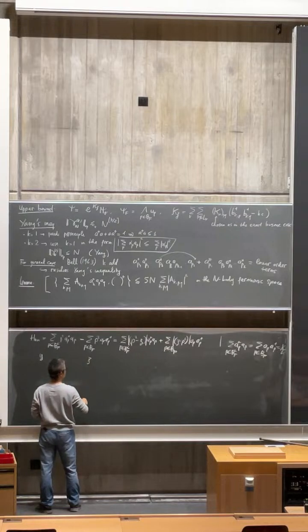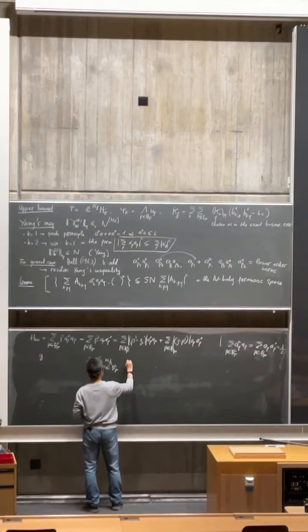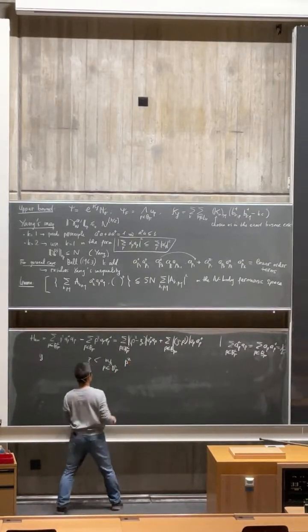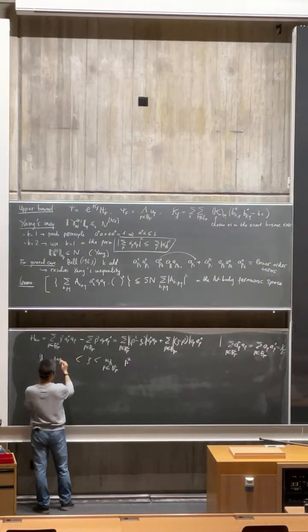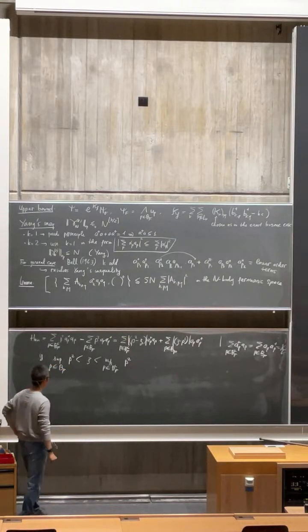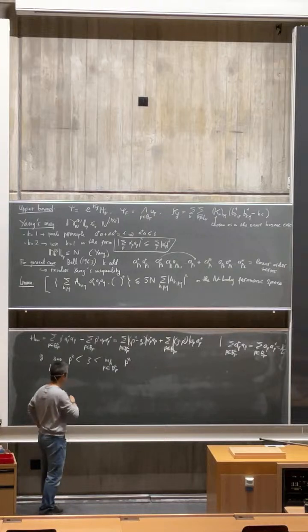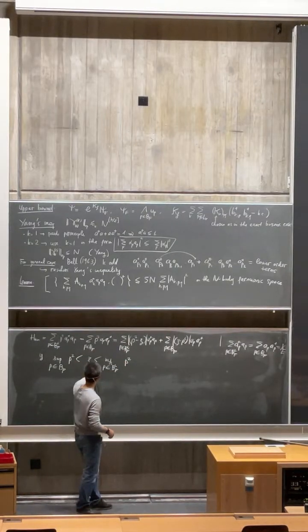So let's say psi is smaller than the infimum of b square when b is outside the Fermi ball, and this is smaller than the supremum, that is the maximum, of b square when b is inside. Right? Strictly speaking, here I only need a non-strict inequality, but I like the strict one.